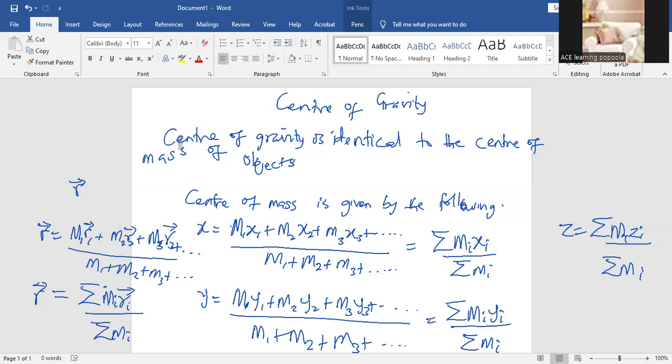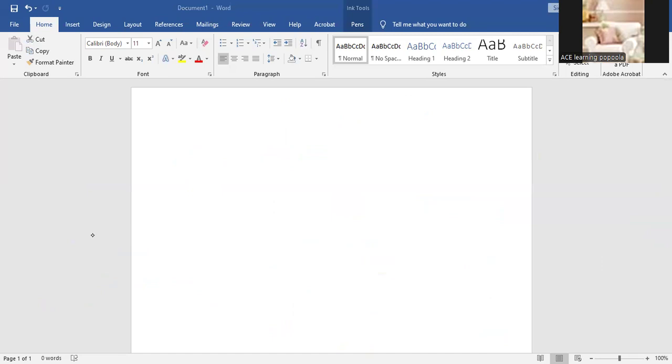Now, in short, what we're trying to say is that for an object, every particle in that object experiences gravity, the force of gravity, and the force of gravity creates a torque effect on all the particles in that object. A typical particle has a mass of m and a weight of w.